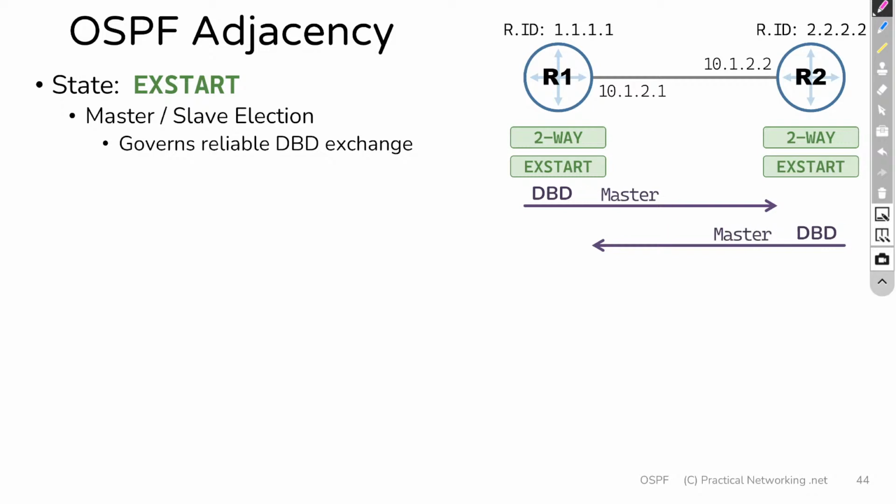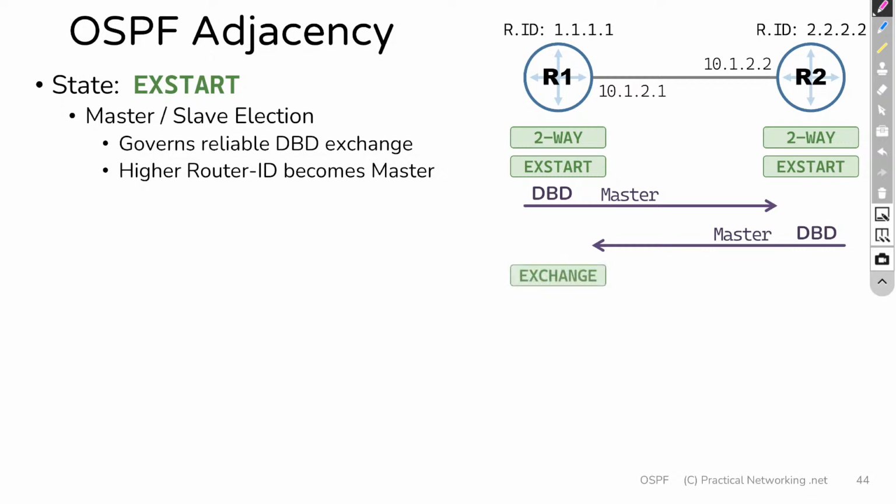So the master-slave election initially starts out, both of them send out a DBD thinking that they are the master. Based upon the hello packets, the master will be elected. So the higher router ID becomes the master. In our example, that's router 2. Router 2 has a router ID of 2.2.2.2. Router 1 is all ones. This is a numerically higher router ID. Therefore, router 2 becomes the master.